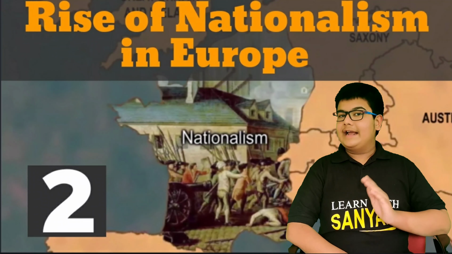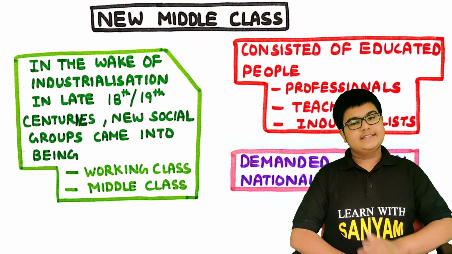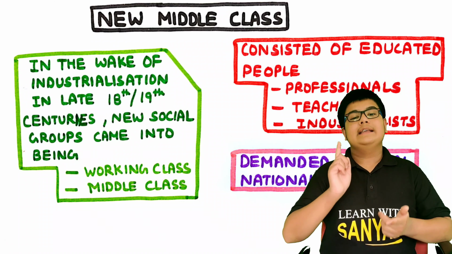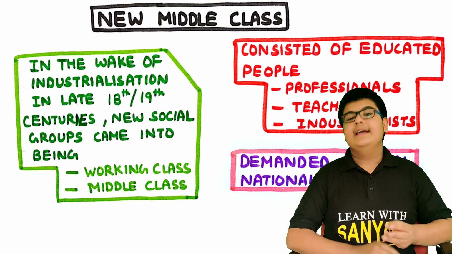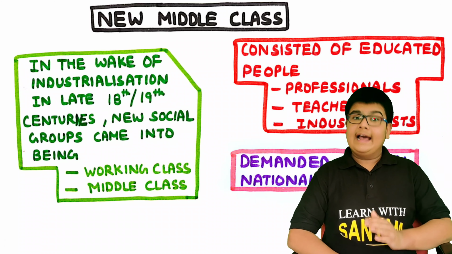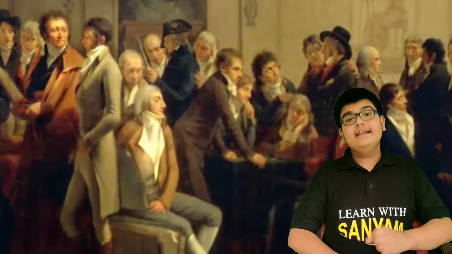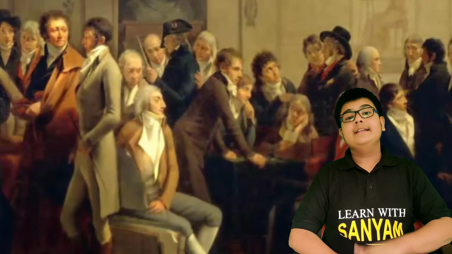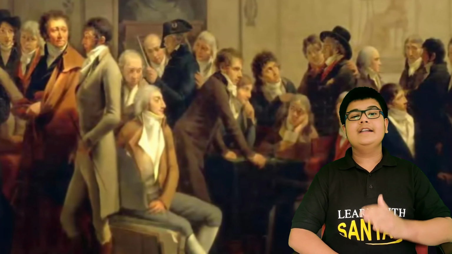Now, in the wake of industrialization, in the late 18th and 19th centuries, new social groups came into being. These were the working class and the middle class. This new middle class consisted of educated people like professionals, teachers, industrialists, businessmen, etc. And as they were educated, they demanded liberal nationalism. Let's see what this liberal nationalism is.